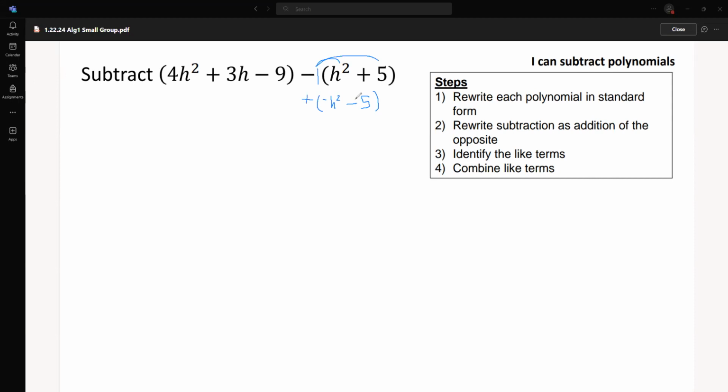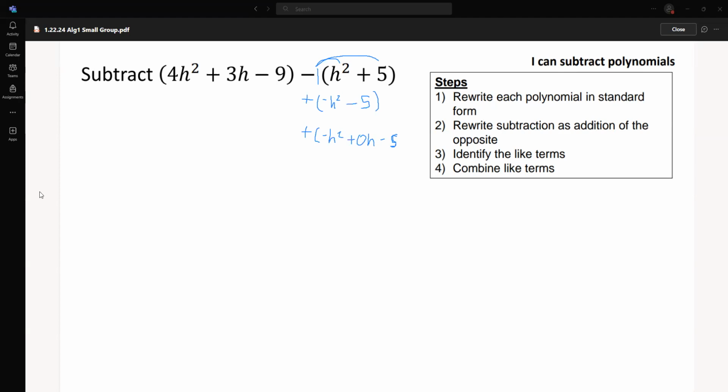And remember, we are also going to be using a 0 as a placeholder. So if you want, you can also write it as negative h squared plus 0h minus 5. But again, it's completely up to you how you want to write this, because then we can slowly break it down.